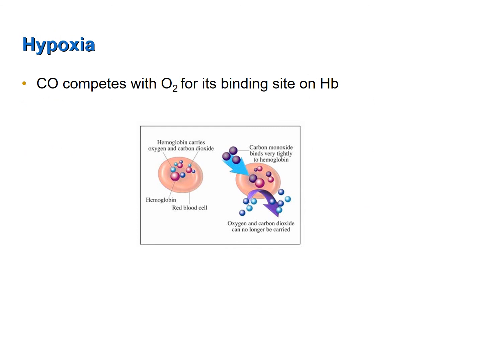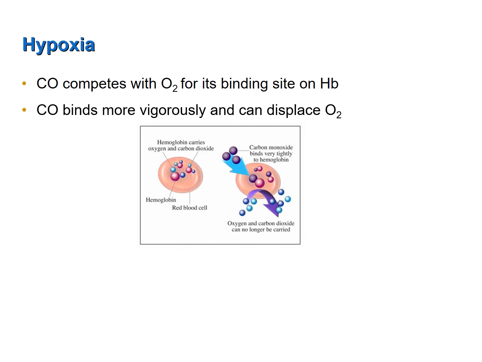The danger of carbon monoxide is that it competes with oxygen for the binding site on hemoglobin. In fact, it binds more efficiently to hemoglobin than does oxygen. So carbon monoxide, when inhaled, can drop the oxygen content of your blood significantly to a level that it can actually cause hypoxia and death.